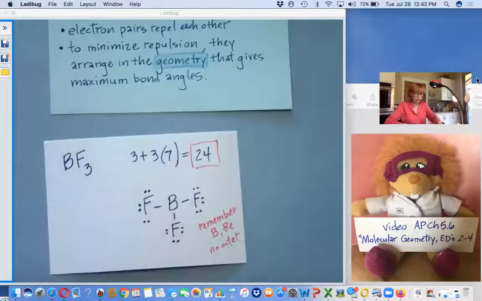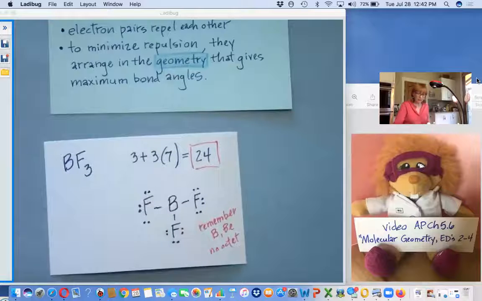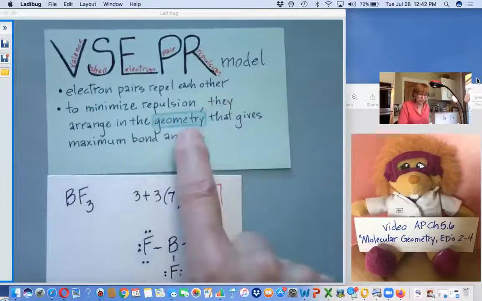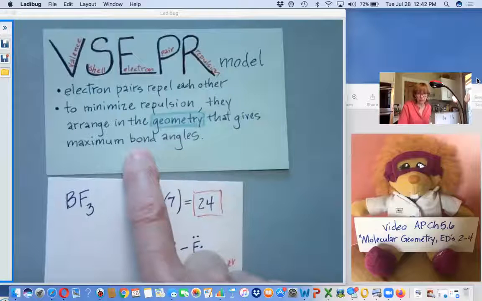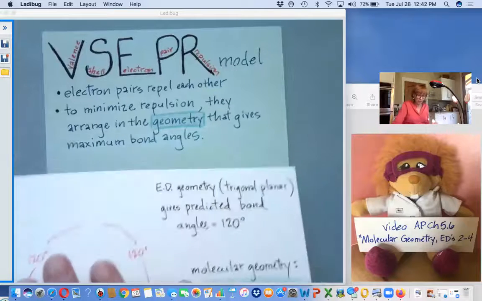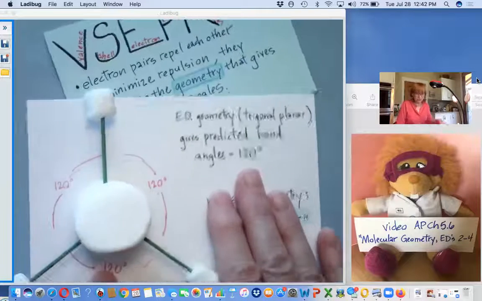So take a new marshmallow and 3 toothpicks for the 3 electron domains and orient them to give you a geometry that maximizes bond angles. Pause if you need to. And then you should have come up with this geometry.